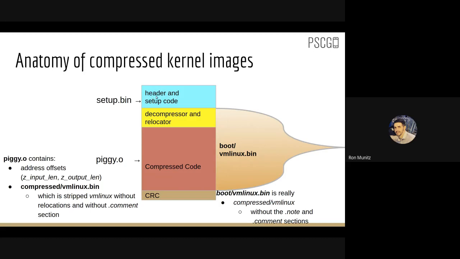Then what's happening is something like this. The vmlinux that we saw is going to be stripped and compressed. And to the setup code, we will actually add the compressing code and relocating code that knows how to uncompress the code, including vmlinux, but not only, okay?